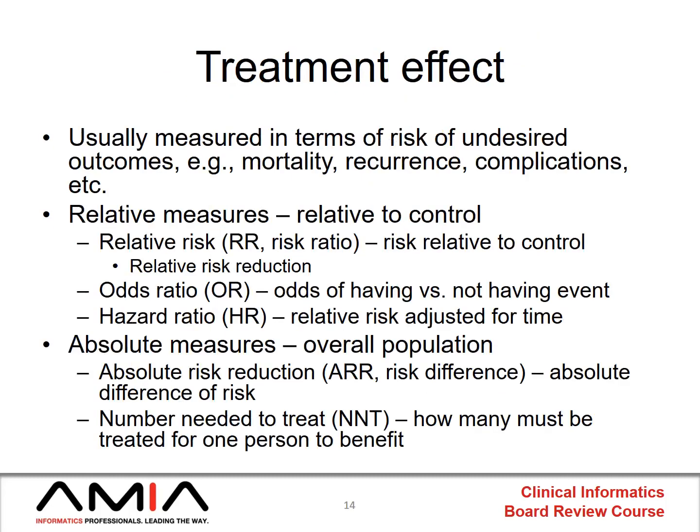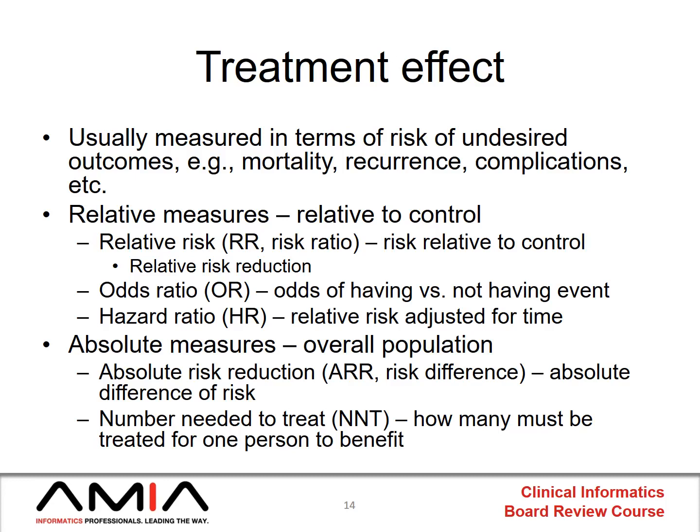When we're asking questions about the effect of interventions or treatments, one of the questions we want to answer is, what is the treatment effect from a given intervention or treatment? The treatment effect is usually measured in terms of risk of an undesired outcome, an event like mortality, recurrence of disease, complications from the disease, and so forth.